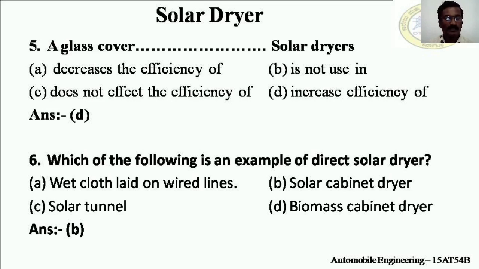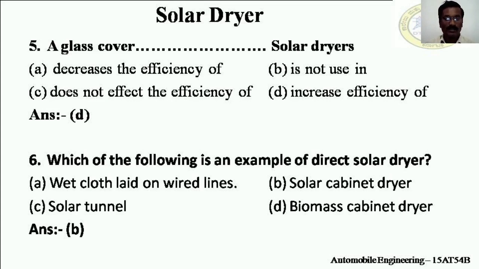Next one, sixth: which of the following is an example of a direct solar dryer? Out of these four, one is correct. A, wet cloth laid on wire lines. B, solar cabinet dryers.